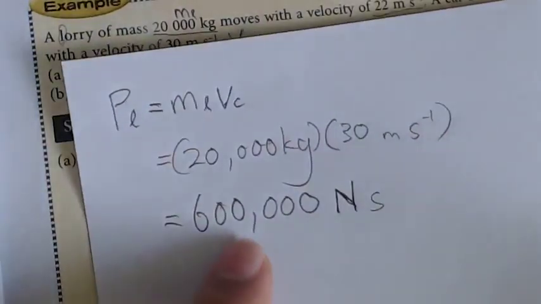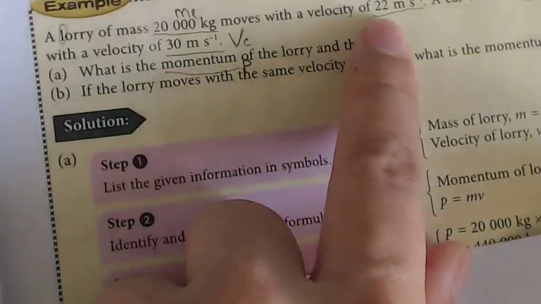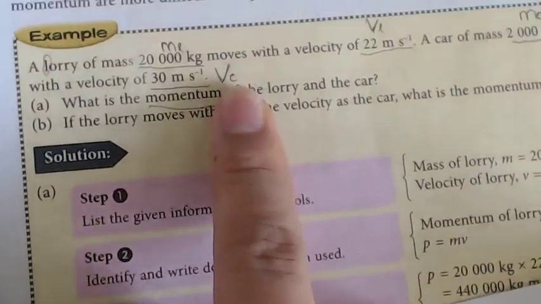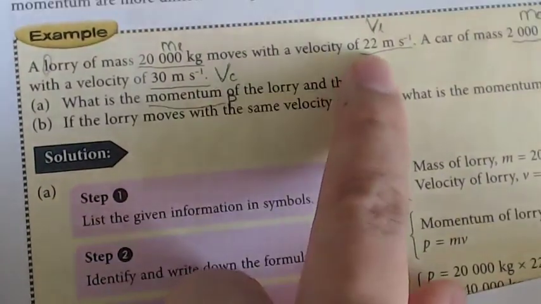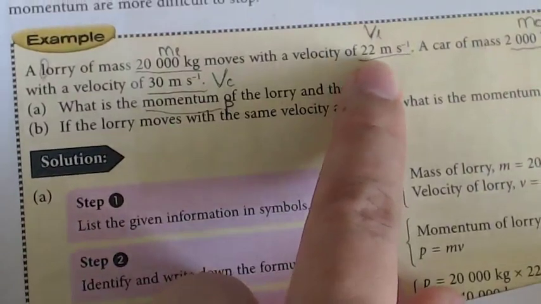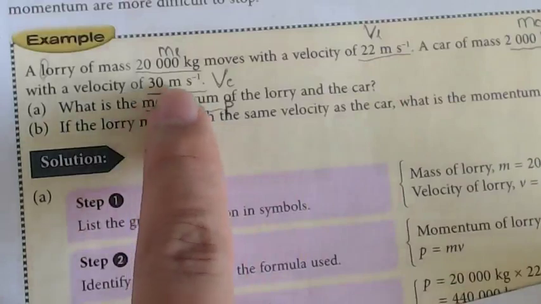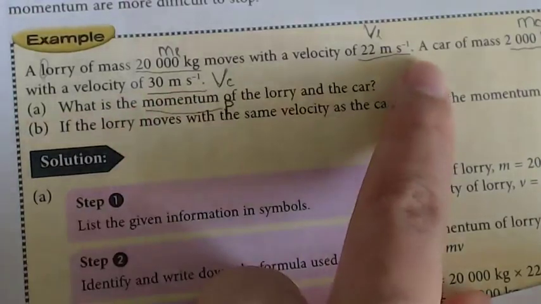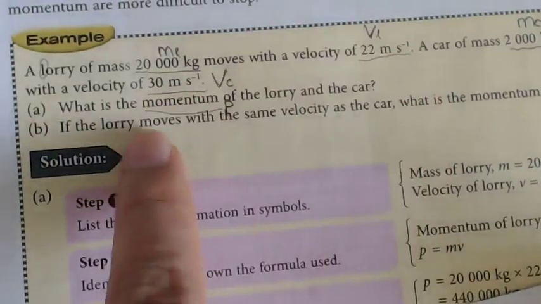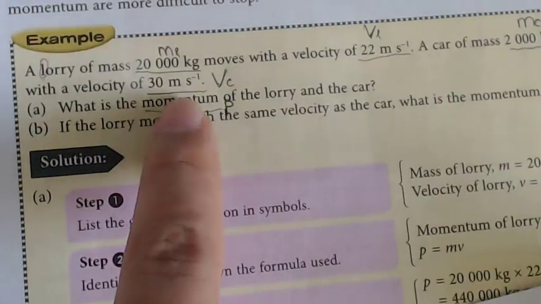Oh wow. So you see, the lorry moves with lower velocity than the car. But even so, the momentum of lorry is higher, way much higher, 7 times higher than the momentum of car, even though the car moves faster than the lorry.